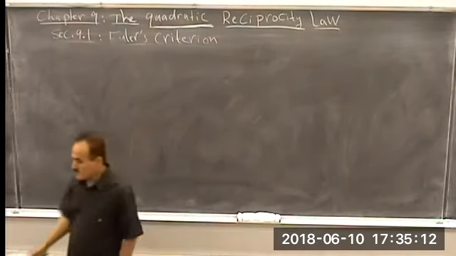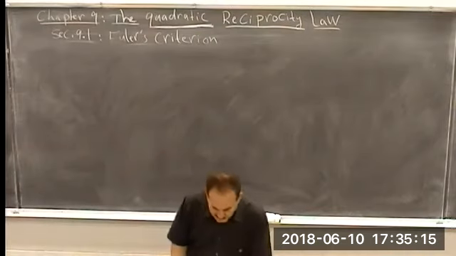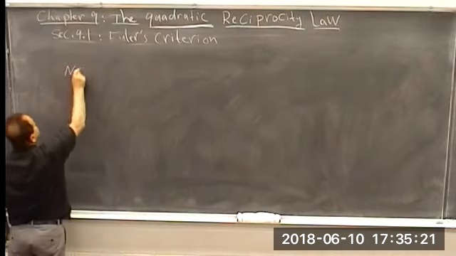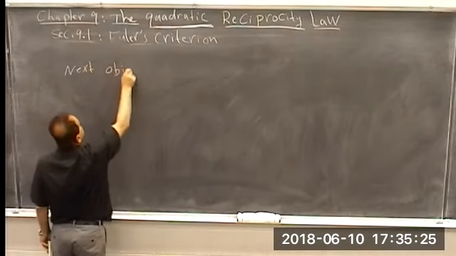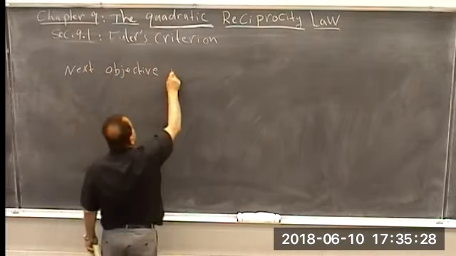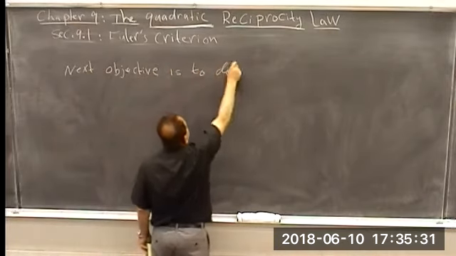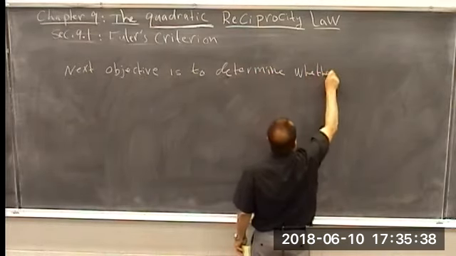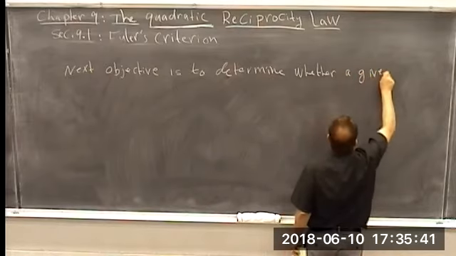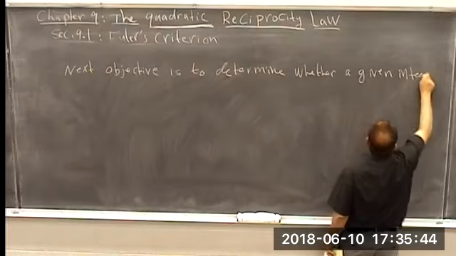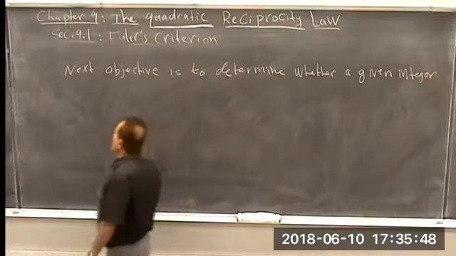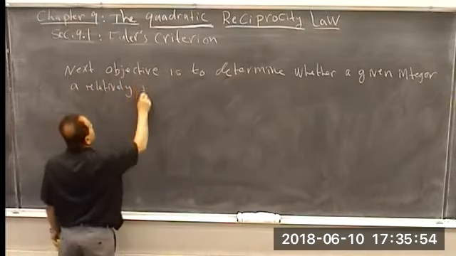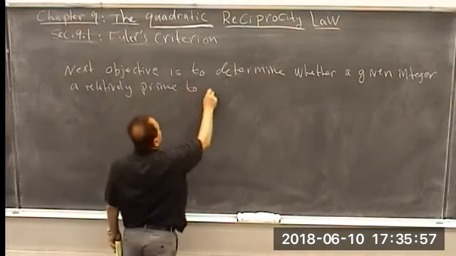So our next objective is to determine whether a given integer a, relatively prime to an odd prime, is one or the other.